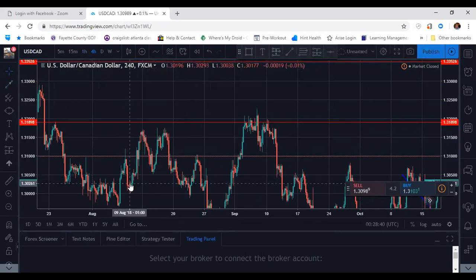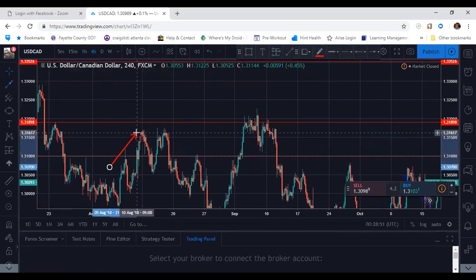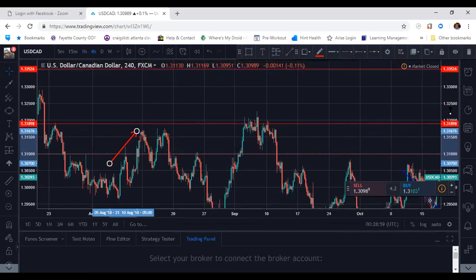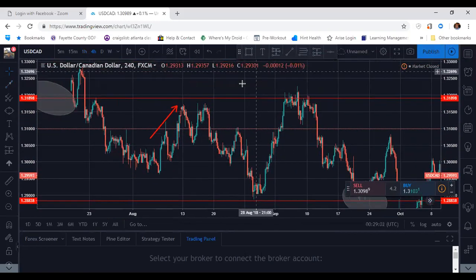So basically what happens is the market came up, touched, came down, touched again, and went down. That's what they call a double top.